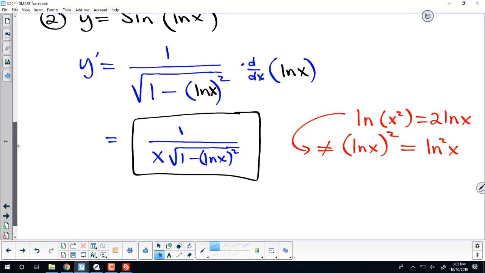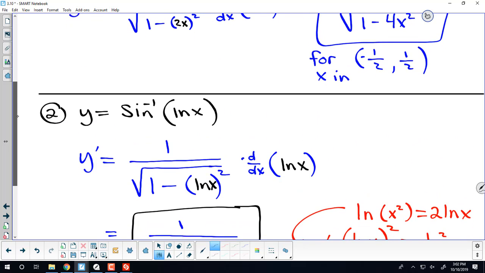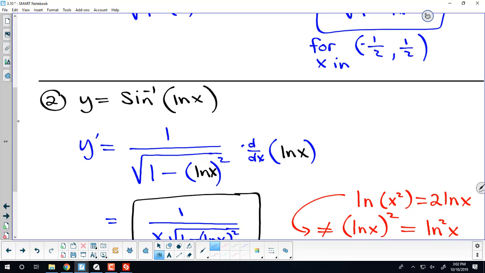It would still be negative 1 to 1, not including? Right, but remember, that's for the sine of something. Yeah. So the natural log here has to be between negative 1 and 1. Okay. But then you would solve for your x. Yeah. So the argument of the inverse sine has to be in between negative 1 and 1 for the domain, right?